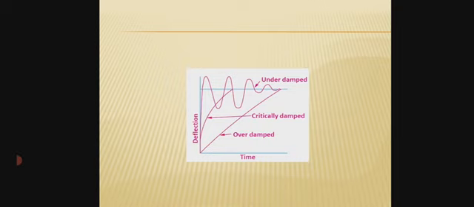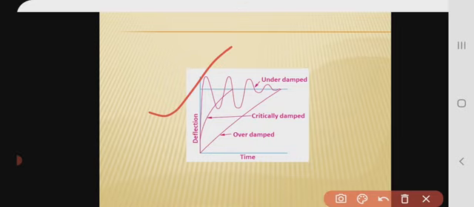This diagram shows the behavior of a damping system. If the instrument is under damped, this shows the graph of deflection with respect to time. However, if the degree of damping is adjusted to such a value that the pointer comes to the correct reading quickly without oscillating about it, the instrument is said to be critically damped.